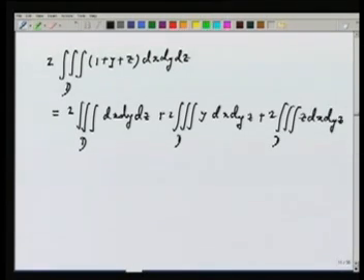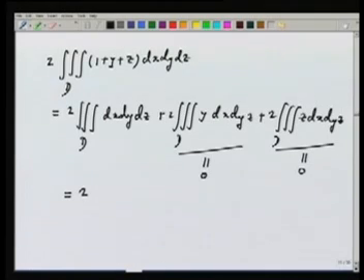Now you can check very easily that these integrals are very symmetric, and you can easily show that they are actually equal to 0. So the end result is 2 times the volume of the sphere of radius 1.